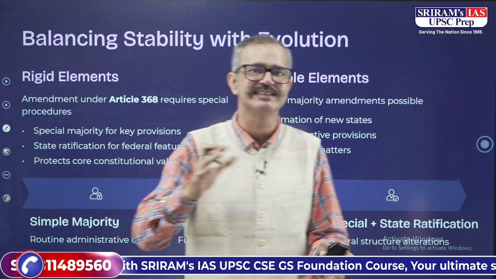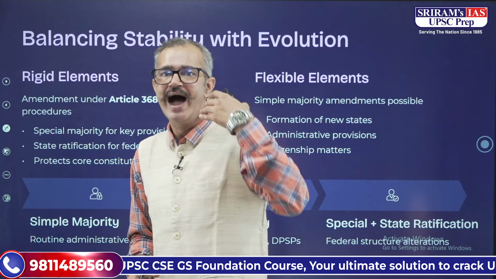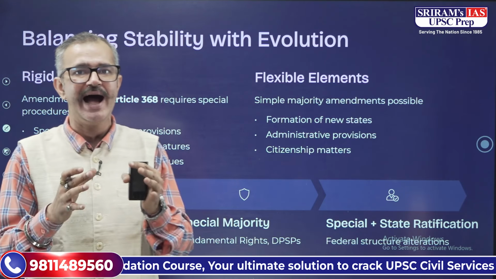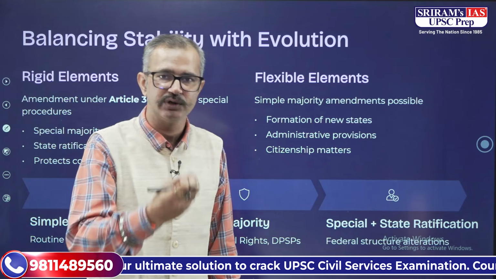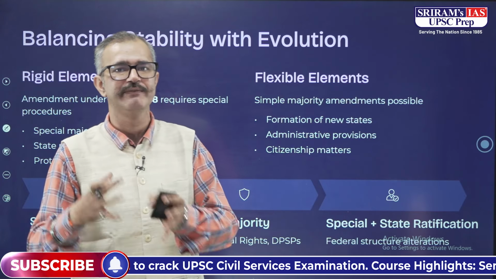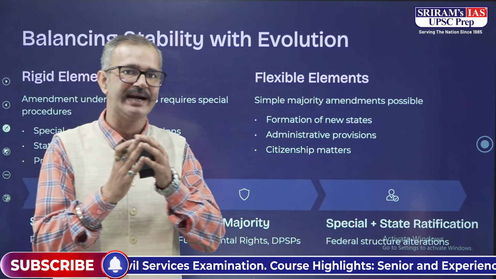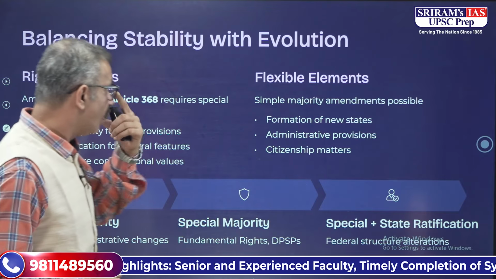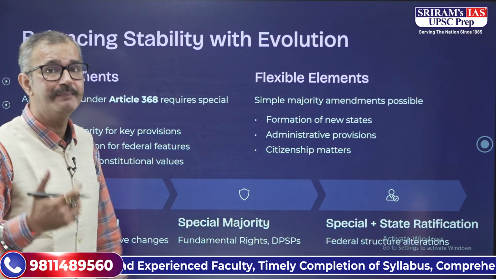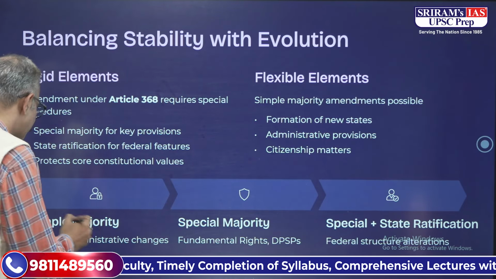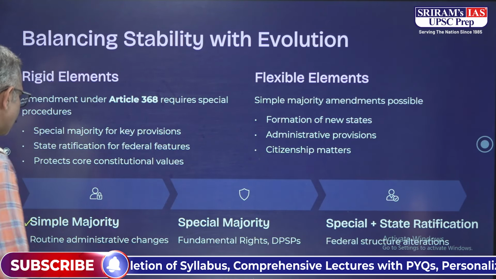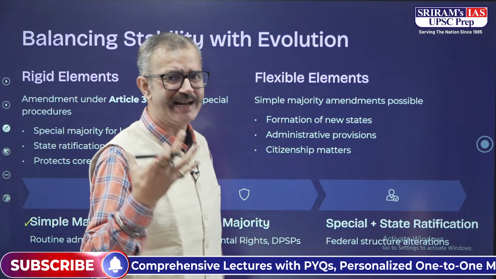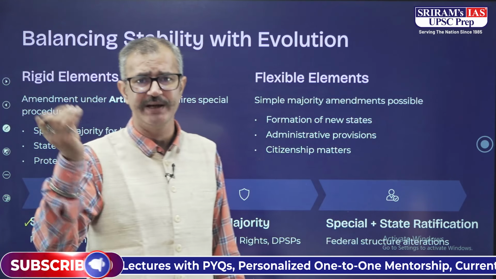But where we have the center and state dynamics, those have to be looked upon and could be changed only with the consensus of the center and the states as well. So when it comes to the amendment procedure, the constitution could be amended by simple majority. Certain routine administrative changes could be easily amended.